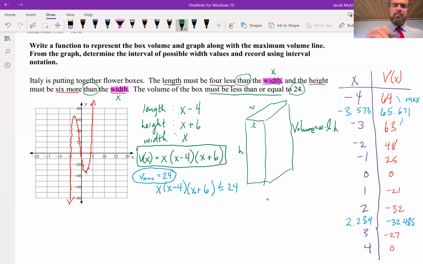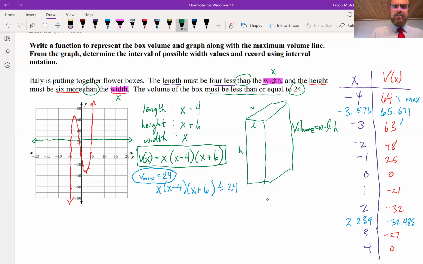And what we want to do is bring also that line that we'd graphed through 24. So I'm just finding these y values at 24, plot those, and then let's sketch our maximum volume function. So that's the Vmax.